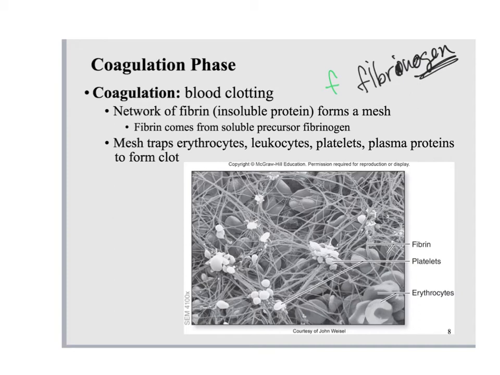This is a scanning electron micrograph of what a clot looks like. You can see the fibers. There's some platelets attached. The erythrocytes are stopped. Right. This is kind of what a scab looks like after it stops bleeding, right, and then starts to heal a little bit.